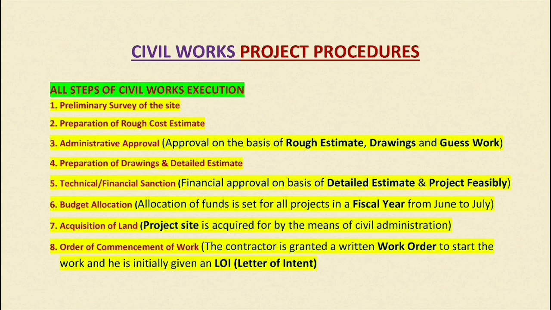Then afterward the budget is allocated. This is actually not a step of the civil works themselves, but a step for all civil works. The allocation of funds is set for all projects in a fiscal year, from June to July. This fiscal year is used in Pakistan and India, probably, though I'm not sure about India.